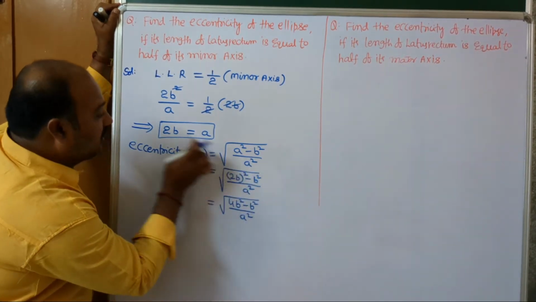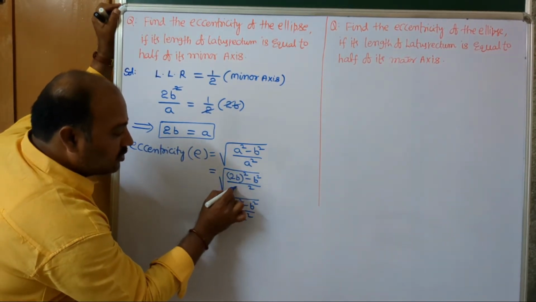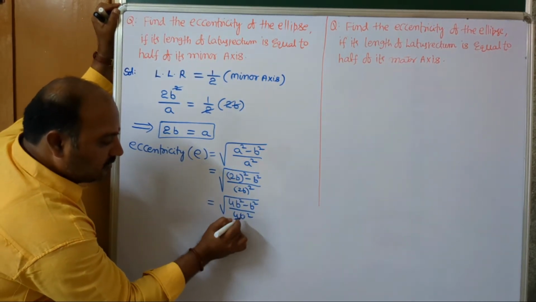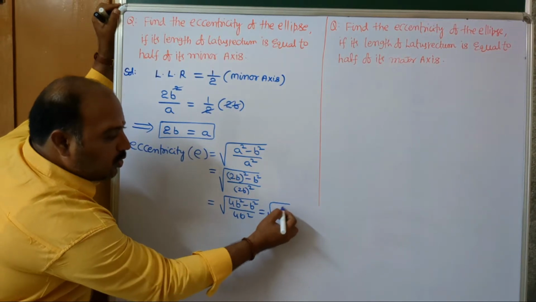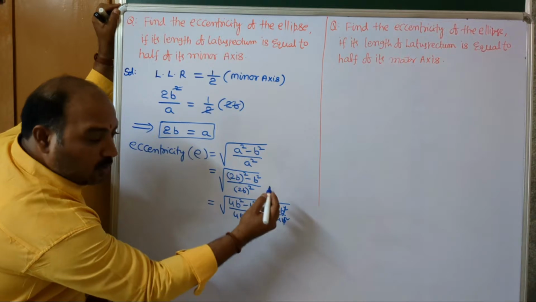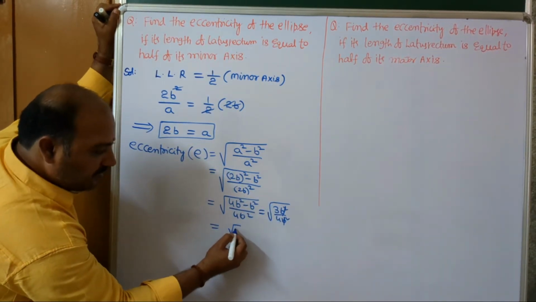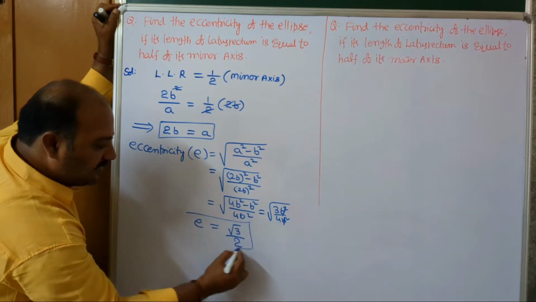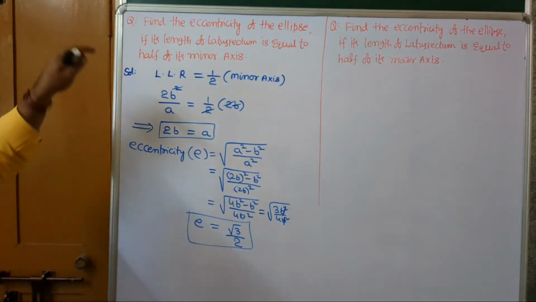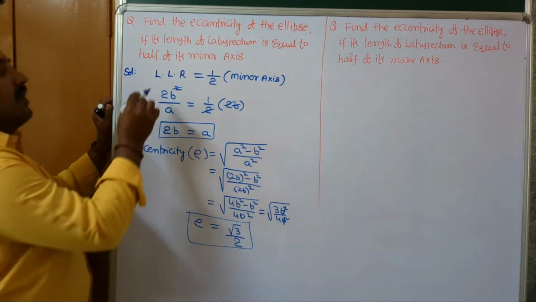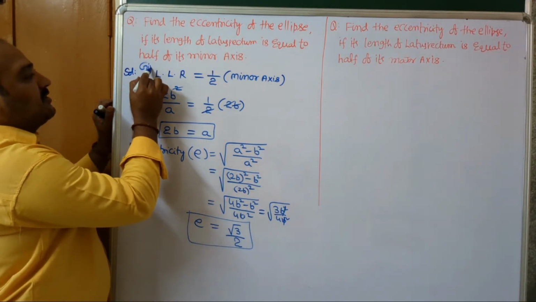Sorry, a means what? 2b. Here also I forgot to write 2b whole square. So 4b square, which is equal to root of 3b square by 4b square. Root 3 divided by root 4, which means root 3 by 2. Therefore, this is the eccentricity when the length of latus rectum is equal to half of its minor axis, the given information.